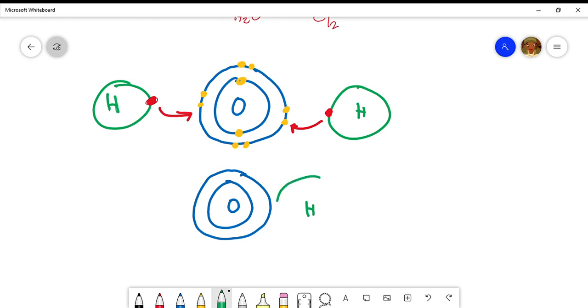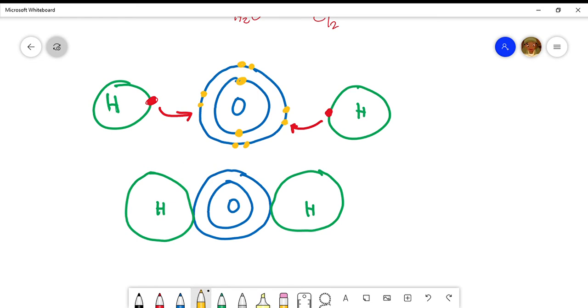They are covalently bonded, covalent compounds, coming from the oxygen. So this is what covalent compound sharing looks like.